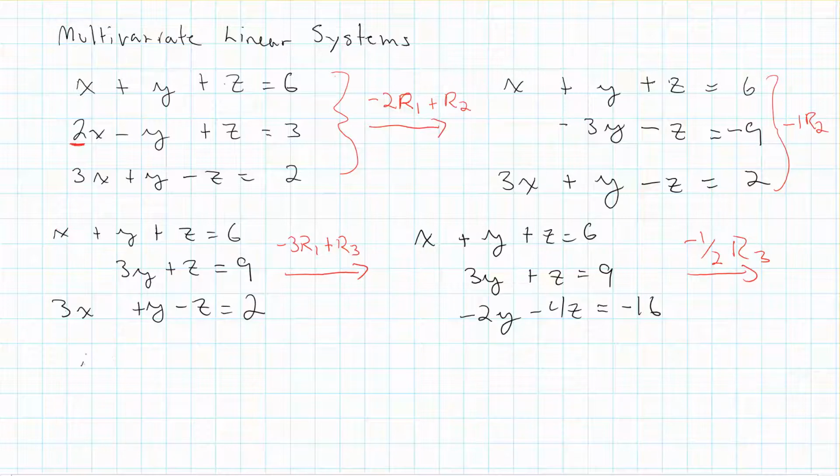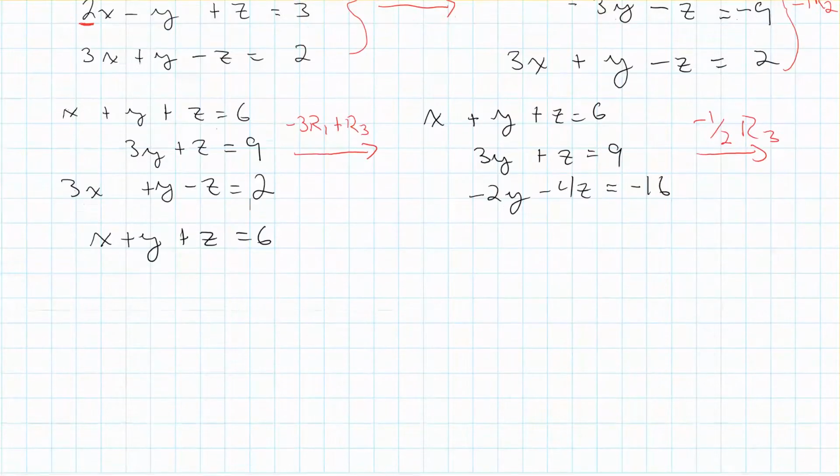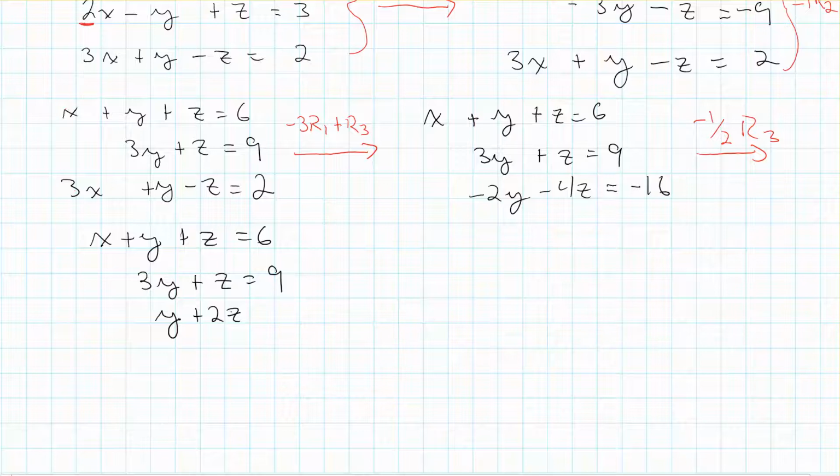I've got x plus y plus z equals 6. And then I've got 3y plus z equals 9. And then negative 1/2, that would be positive y plus 2z equals 8.